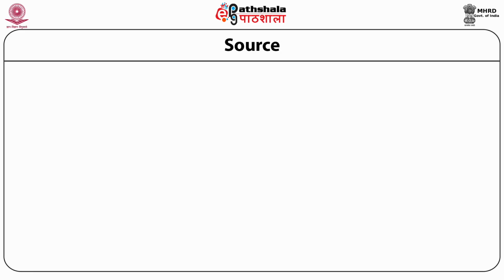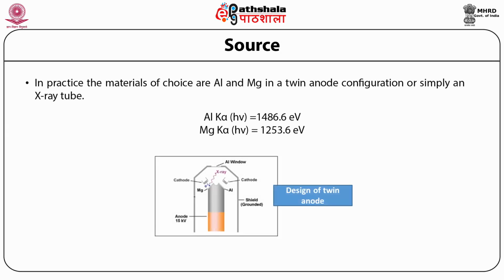The various kinds of X-ray generating metals. In practice, the materials of choice are aluminum and magnesium in a twin anode configuration or simply an X-ray tube. When we take the X-ray tube source, one could be aluminum, where high energy X-rays are generated, with a value of 1486.6 electron volt.